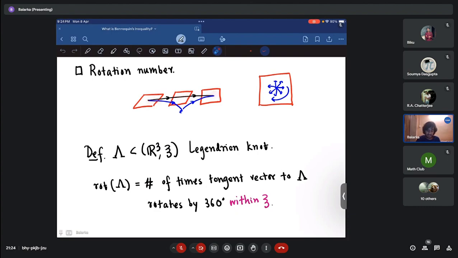And then if I identify all the planes with a single plane, these are all copies of R2, right? So they're literally just one copy of R2, positioned in different ways. And then I plot the tangent vectors on this one single copy of R2. I get the same vector every time. It's constant. There's nothing weird happening.